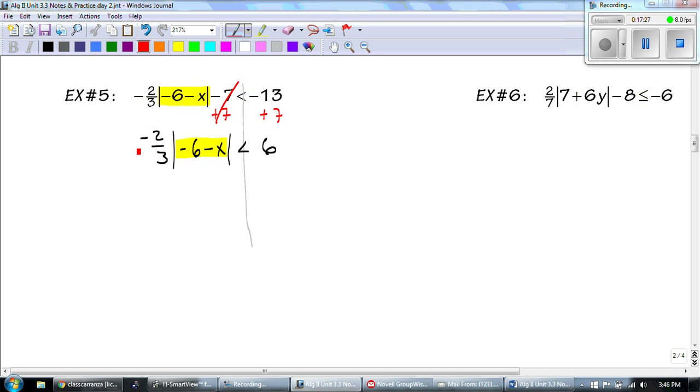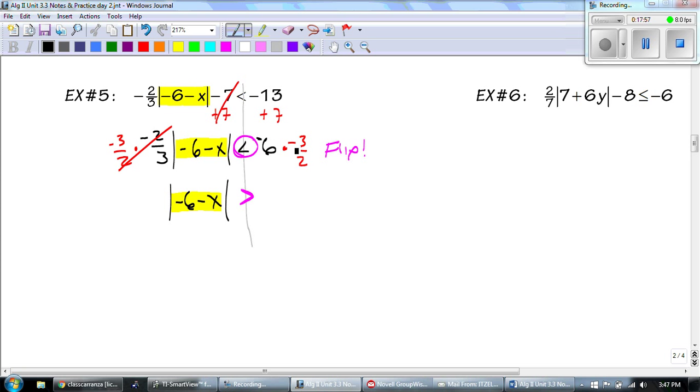Absolute value is not by itself yet, so to get rid of the negative 2 over 3, I need to multiply by the reciprocal. The first thing I'm doing, I'm multiplying by the reciprocal, so I want to make sure that I flip the inequality symbol. Absolute value is by itself now, and now I have, sorry, that should be negative.